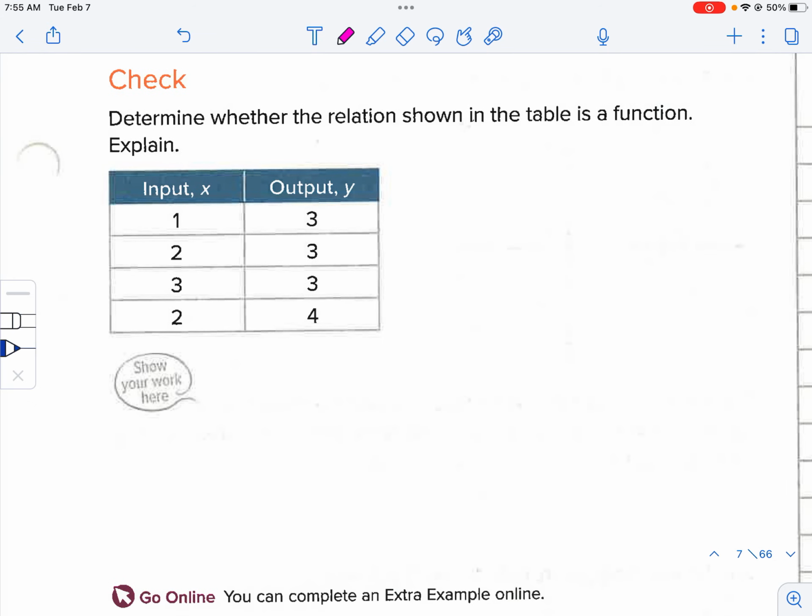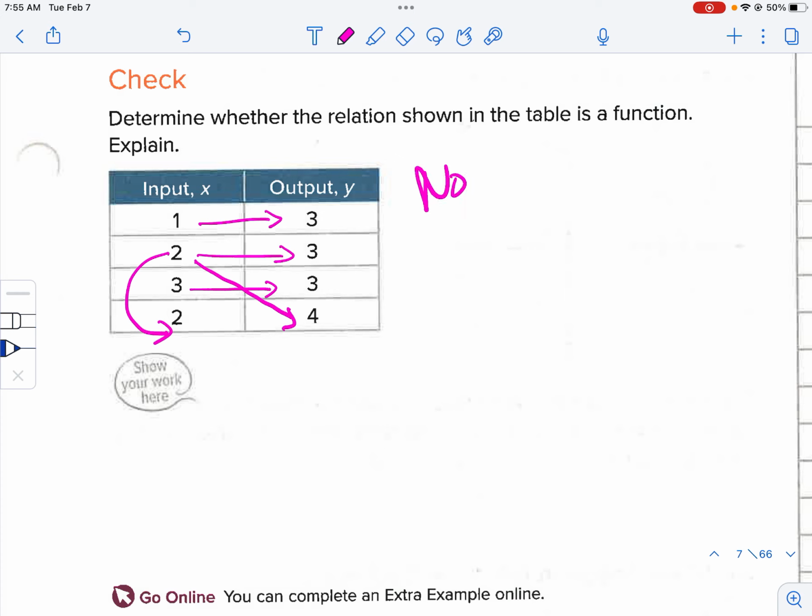So this one, I have 1 to 3, 2 to 3, 3 to 3. This 2 also goes to 4 because these 2 numbers are exactly the same. So that means 2 is going to 2 different numbers.